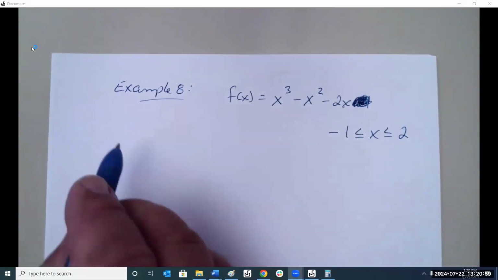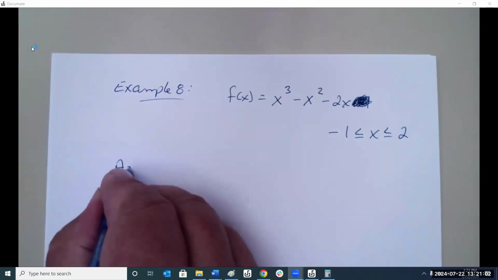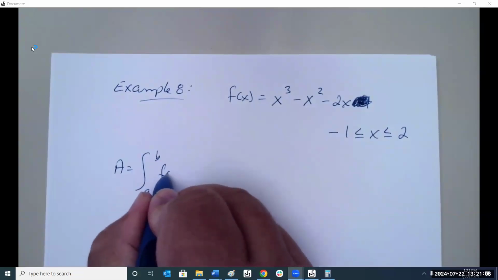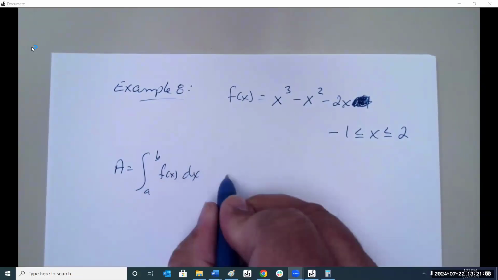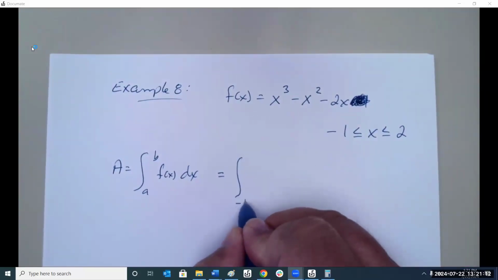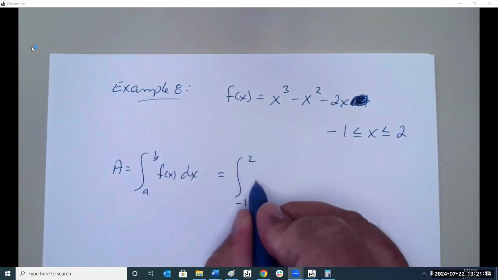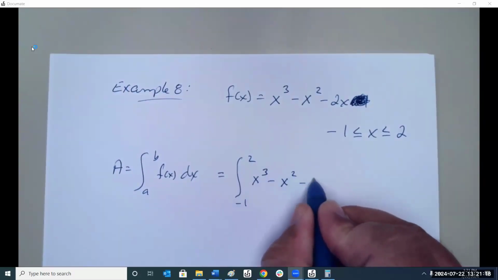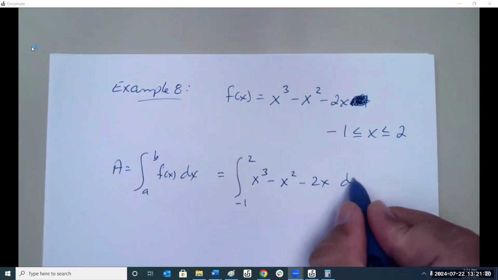So it says find the area. The area is determined by the closed interval from a to b of f of x dx. It goes from -1 to 2, x cubed minus x squared minus 2x.